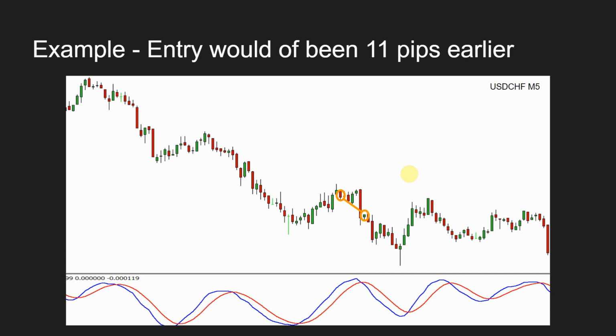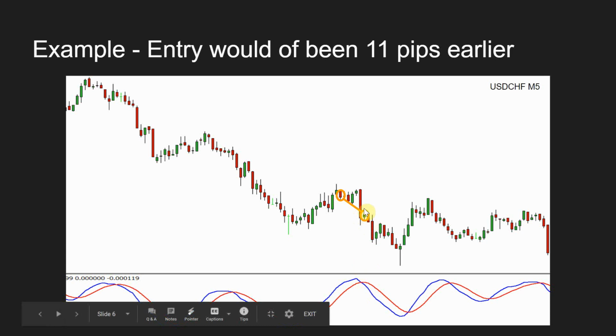And I really hope that makes sense, because this is the bit where you'll need to go through this again. It's quite an advanced technique, but when you get to grips with it, it will revolutionize your entry setups. You can see in the example I showed, if I waited for the crossover, I would have got in here.